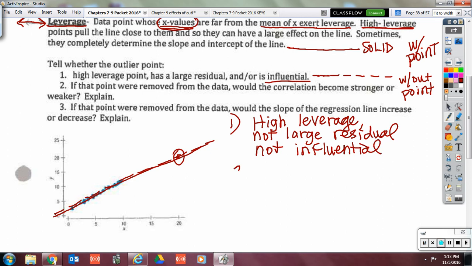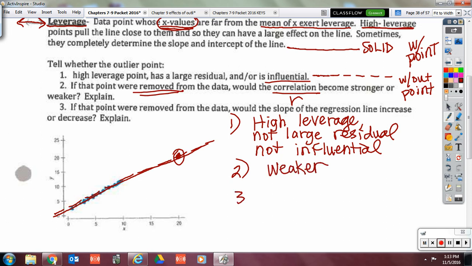Okay? Question 2. If that point were removed from the data, would the correlation, that's your R value, become stronger or weaker? Okay? So what is this point doing to the line? It makes the correlation stronger, so removing it makes it weaker.